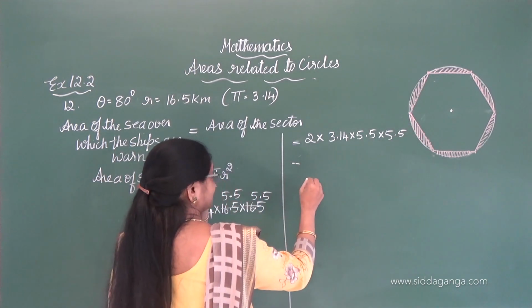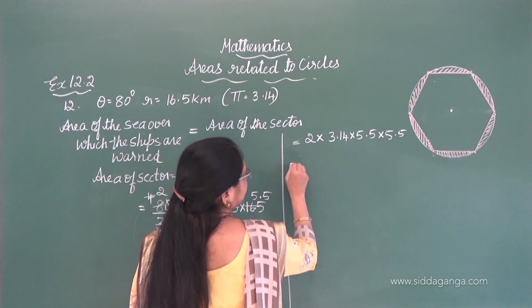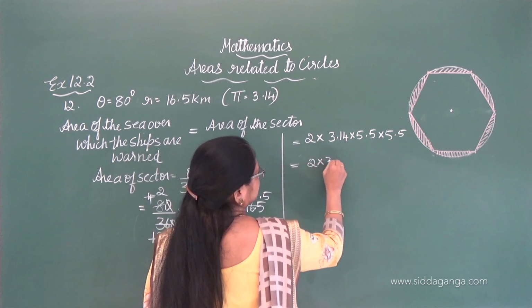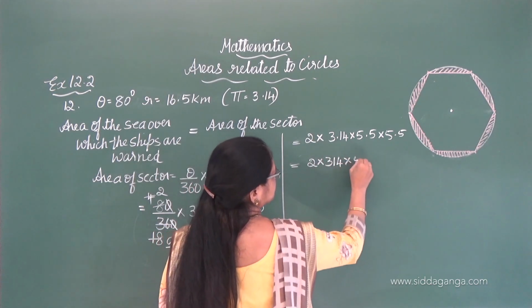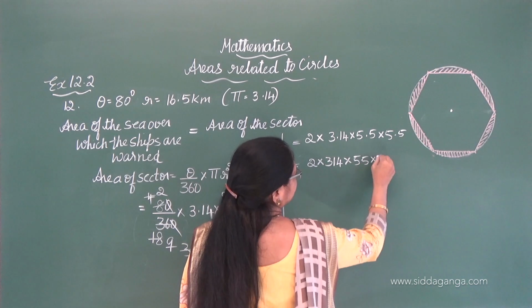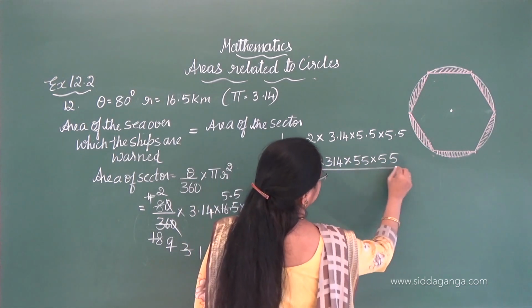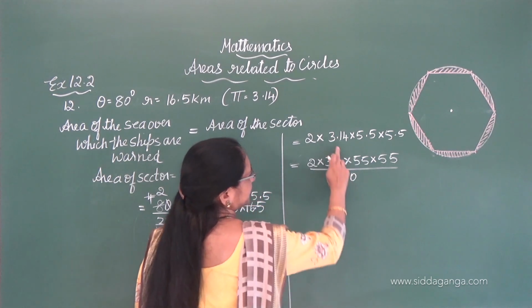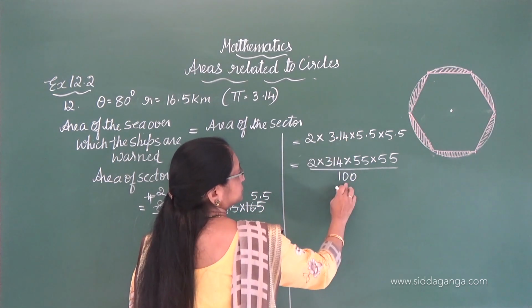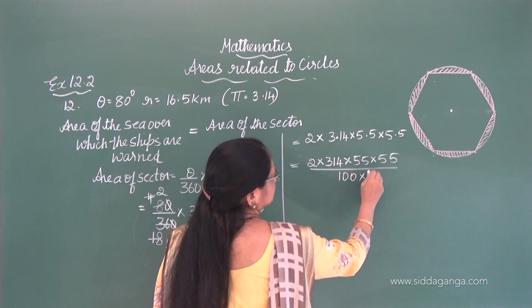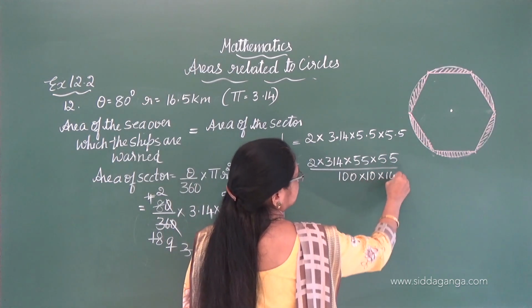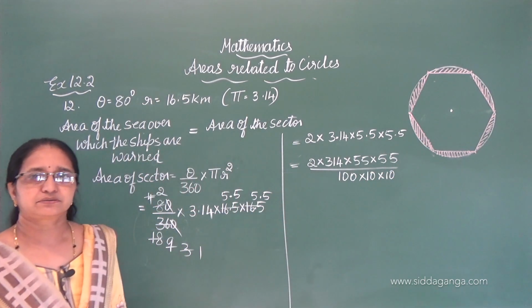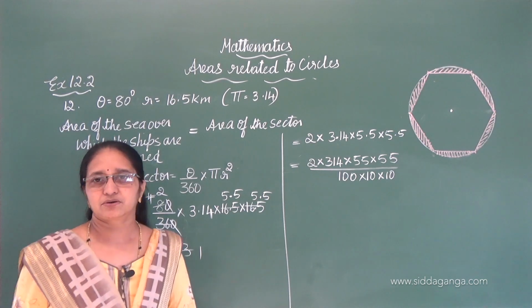So here you can divide it. You can do it like this also: 55 into 55 divided by, see here 2 zeros, to remove this point, 20 into 10 into 10. So this may make it a little bit simple.